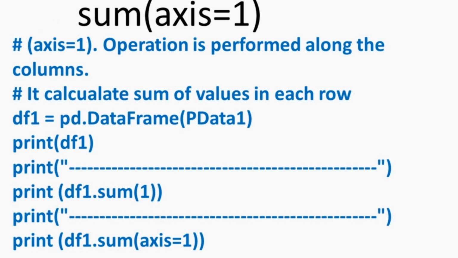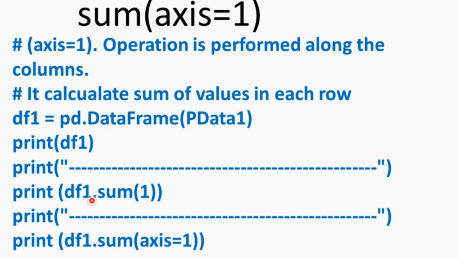Let's see another example. Here we have taken sum with axis equal 1, meaning the operation is performed along the columns, so we can obtain the row wise sum using this parameter axis equal 1. It calculates the sum of values in each row.